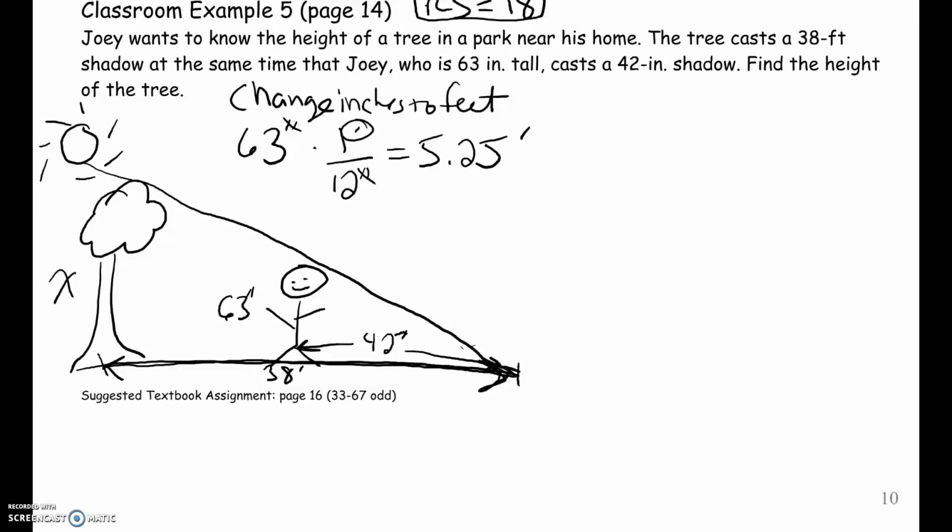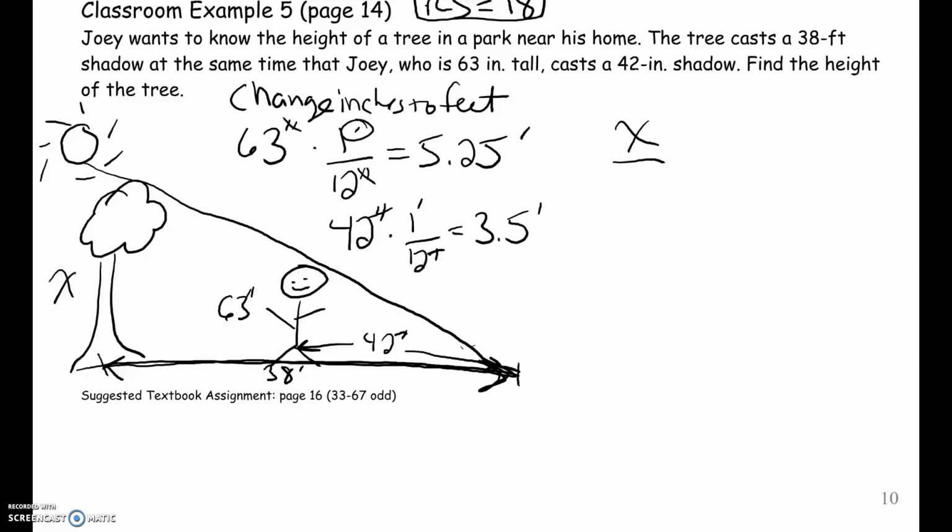Let's do the same for 42 inches. So 42 times 1 foot over 12 inches. The inches divide out, leaving me with feet. 42 divided by 12 is 3.5 feet. Now I'm ready to write my proportion. So X, the big triangle, is what I want to know.